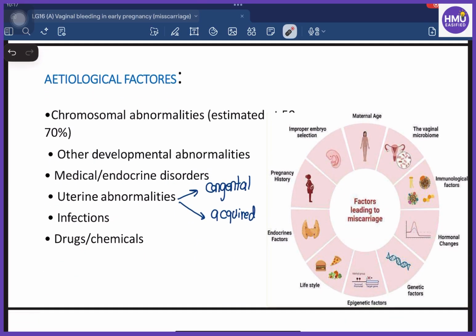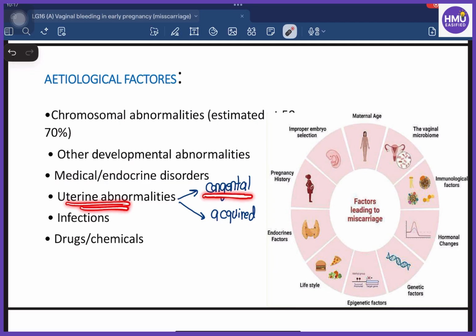Why does a miscarriage happen? First of all, the most common reason is chromosomal abnormalities or other developmental abnormalities, maybe cardiac malformation; for a lot of reasons the baby is not developing well. Or because of medical and endocrine disorders of the mother: hypothyroidism, diabetes mellitus, hypertension, hormonal factors, or uterine abnormalities.